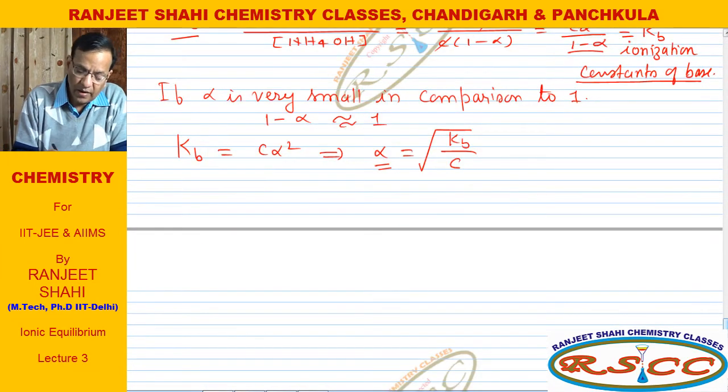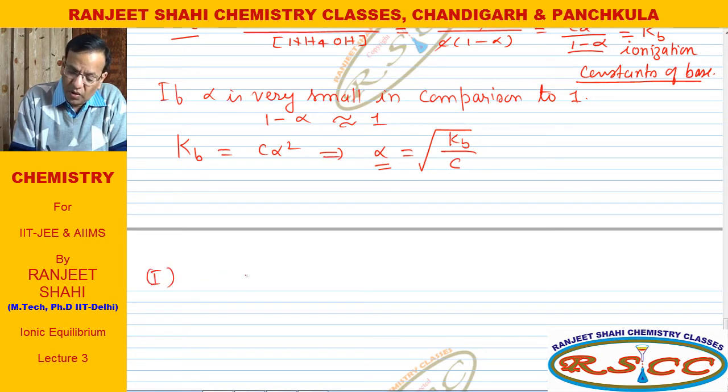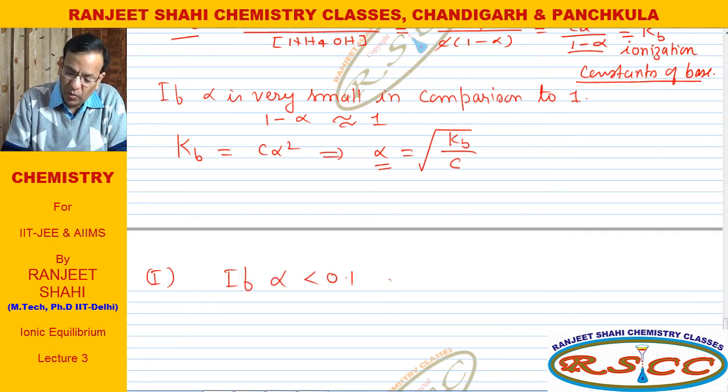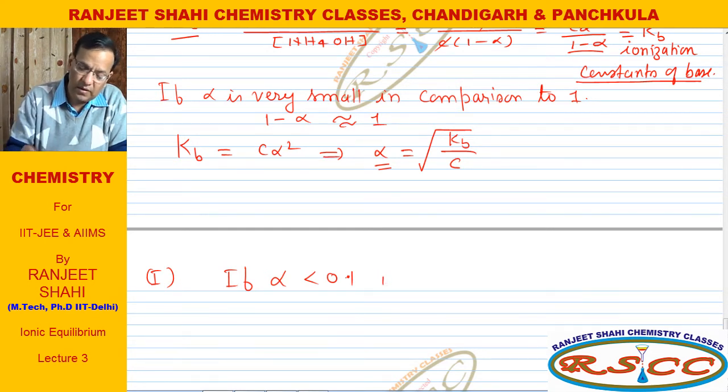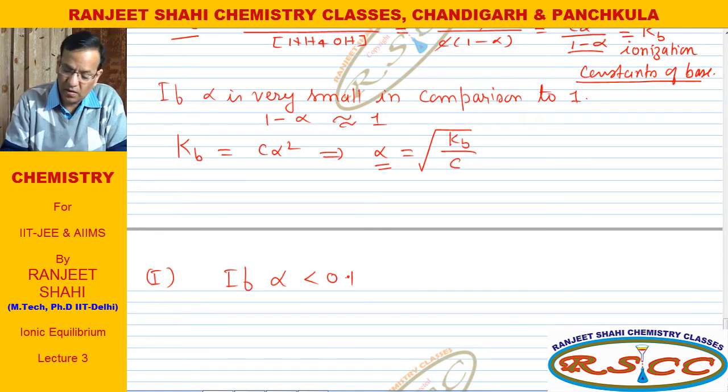Now, in the similar manner, to solve the problem of weak base, we determine alpha from the above equation. If alpha comes out to be less than 0.1, it will be taken as negligible.